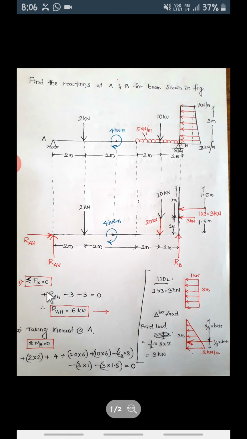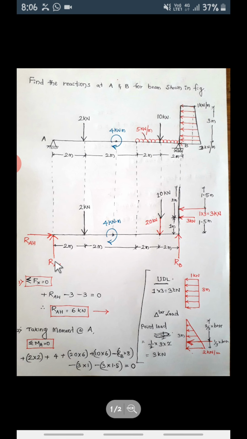From this equation we get RB equal to 22.56 kilonewton. It is plus, which means the direction we assumed is correct. Now another equation is left, that is summation Fy is equal to 0, the summation of all the vertical forces. How many vertical forces?